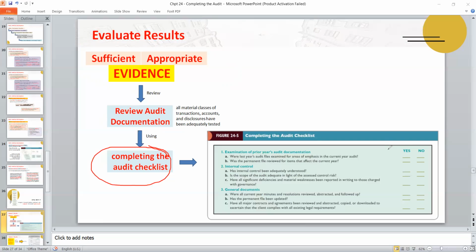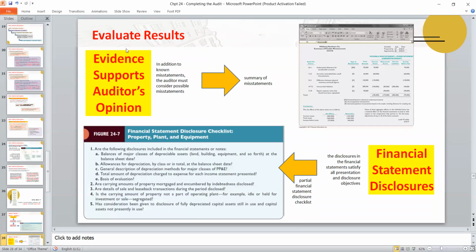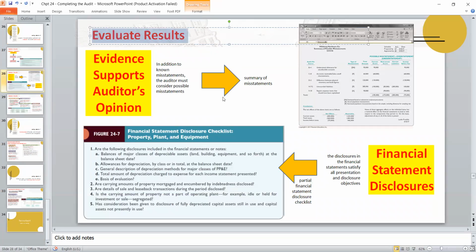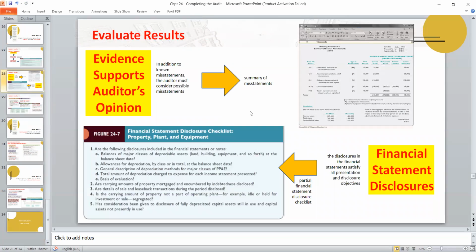And eventually you will be able to decide the opinion. For evaluating results, you need to have a checklist and the summary.